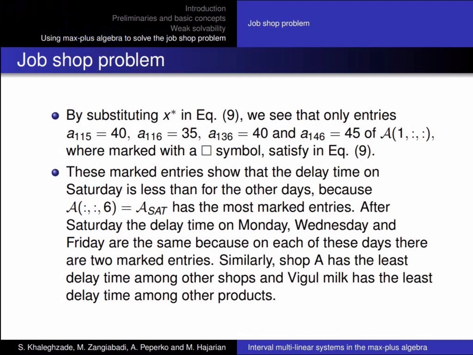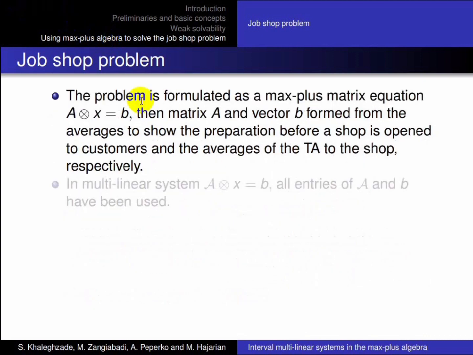among other products. If we compare the job shop problem between the interval system and the multilinear system, the problem is formulated as a max-plus matrix equation, where matrix A and vector B are formed from the averages to show the preparation before a shop is open to customers and the average of time available to the shop respectively.